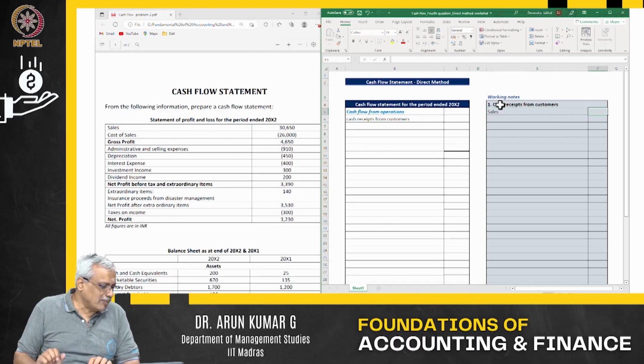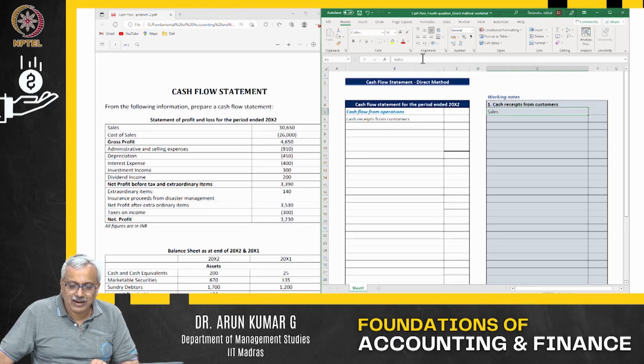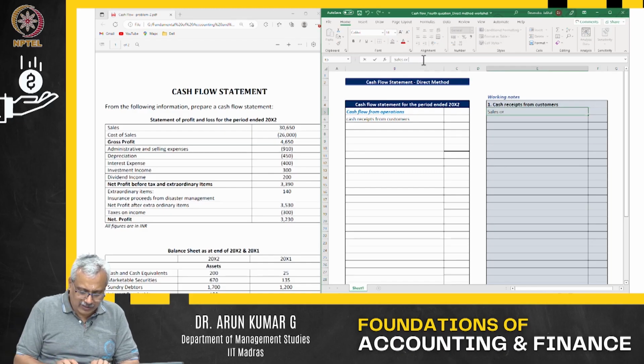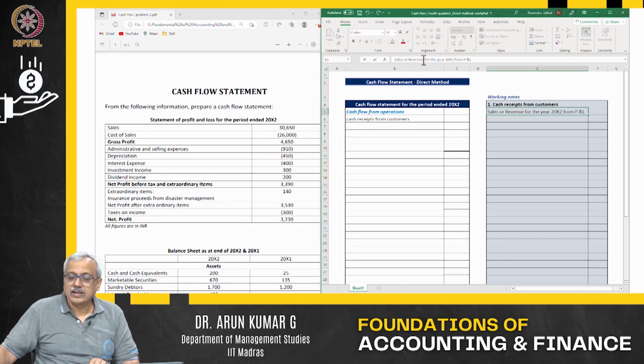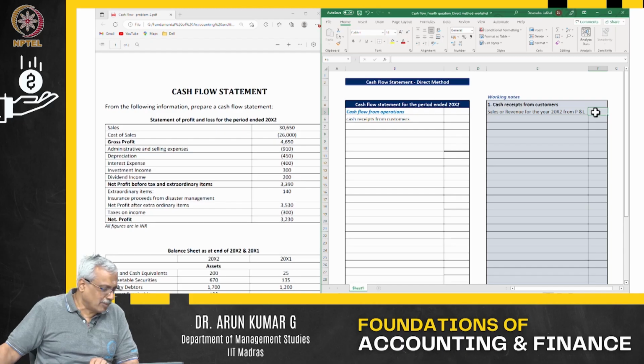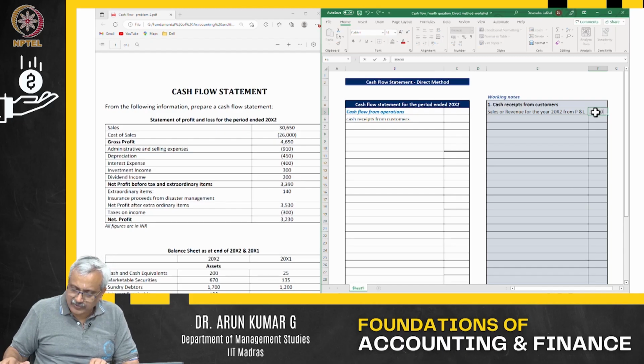What is the amount of sales, or the revenue for the year 20x2, from the P and L? If we see this, the revenue from P and L is about 30,650.